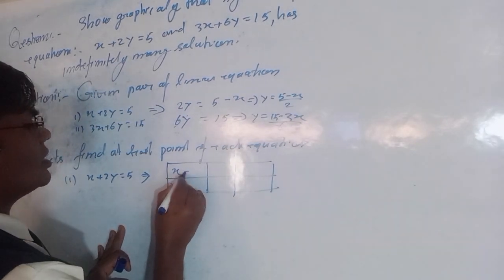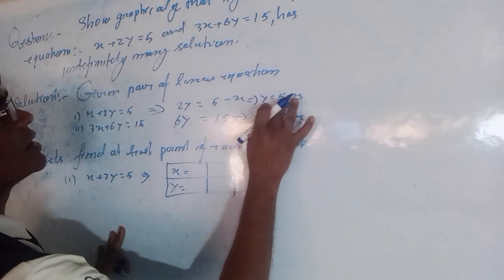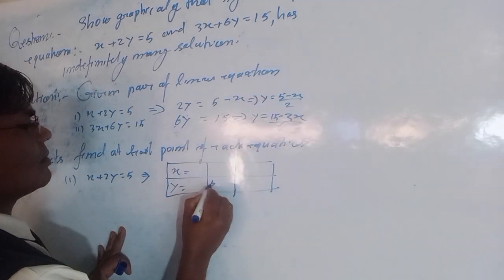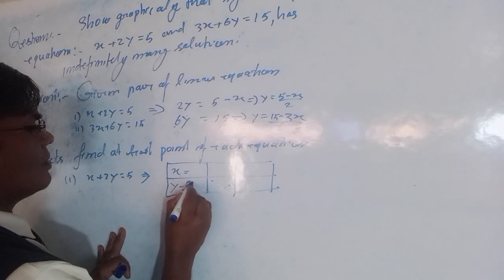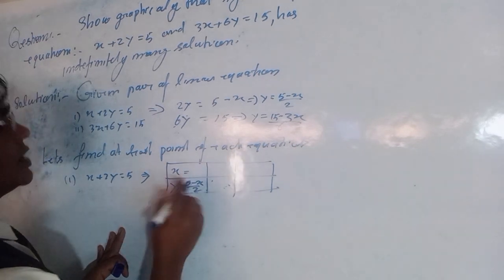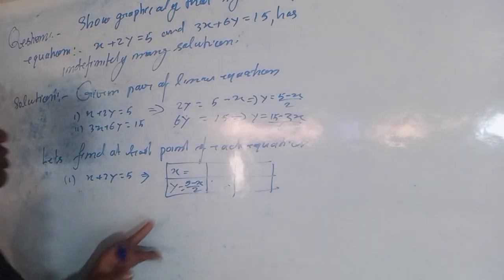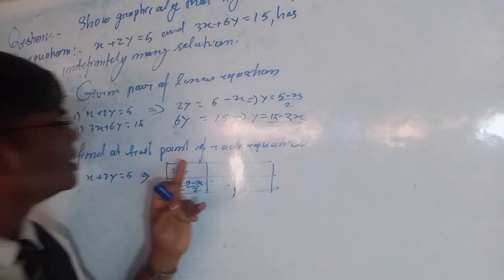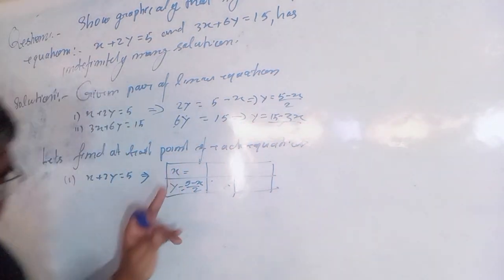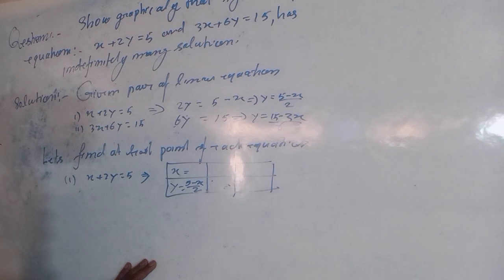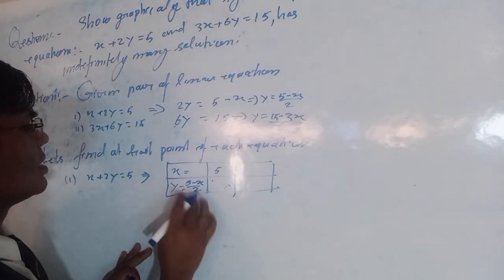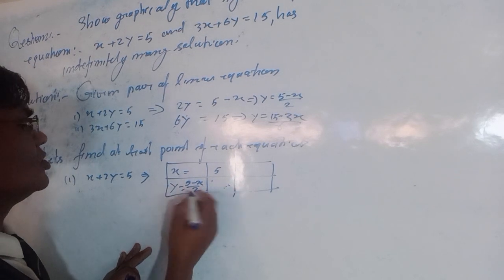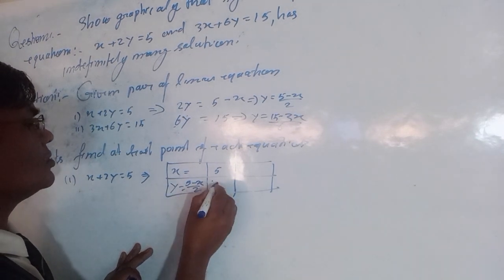The value of y is 5 minus x by 2. Suppose we take the value of x as 5, then it becomes 5 minus 5 is equal to 0 by 2 is equal to 0.